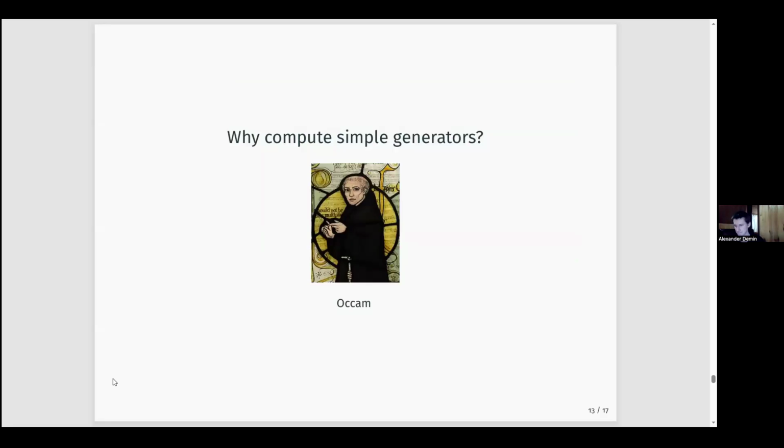The algorithms that I have showed, we have implemented in Julia. We tried quite hard to make it practically efficient. We had one application in mind. We wanted to compute some objects in structural identifiability analysis. I will show it later.